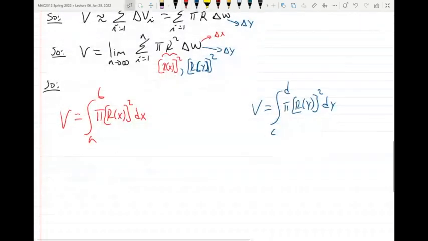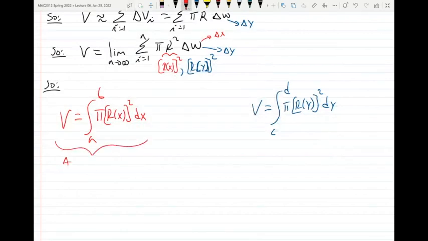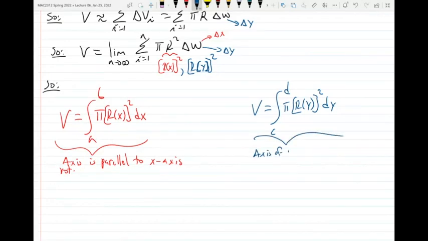So this is the formula for the volume when the axis of rotation is parallel to the x-axis. And this is the formula when the axis of rotation is parallel to the y-axis.